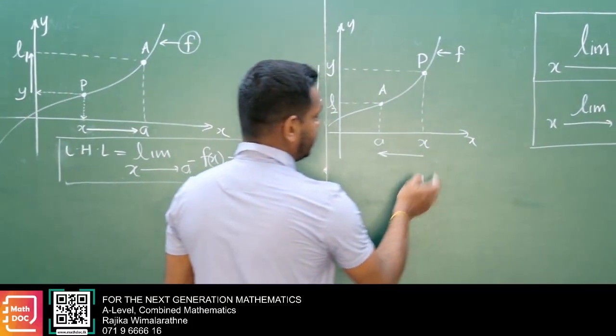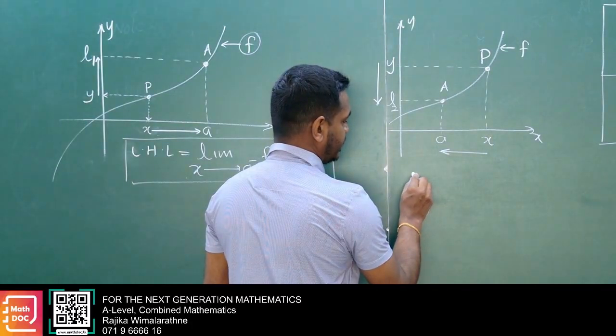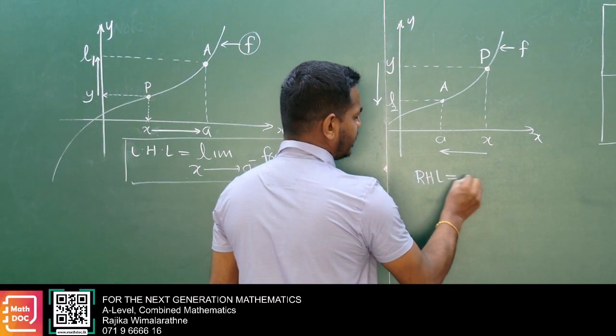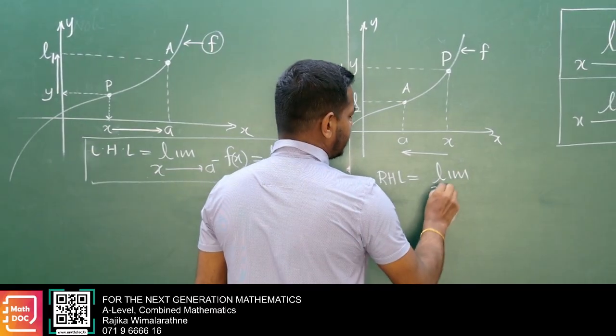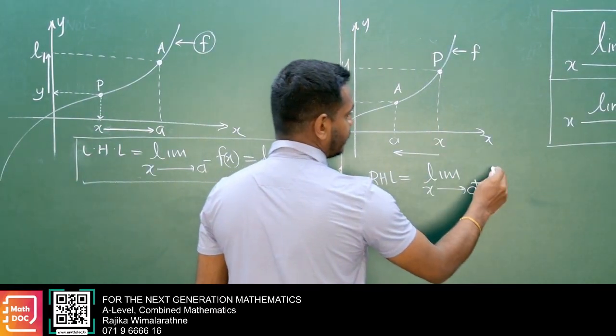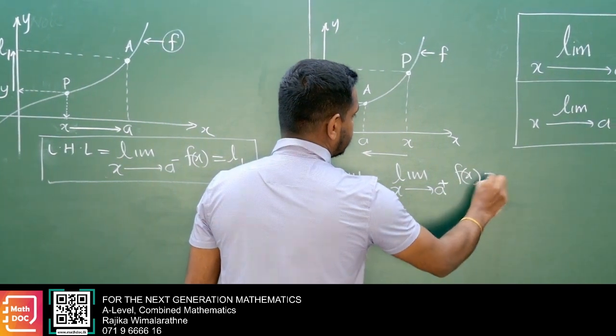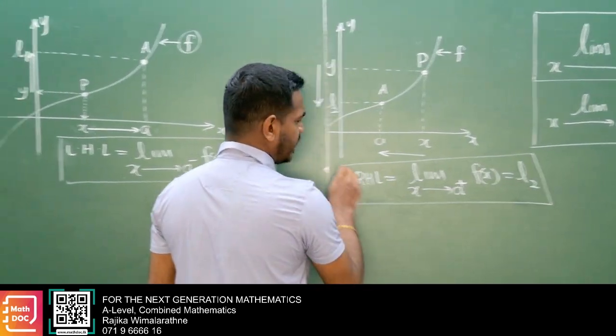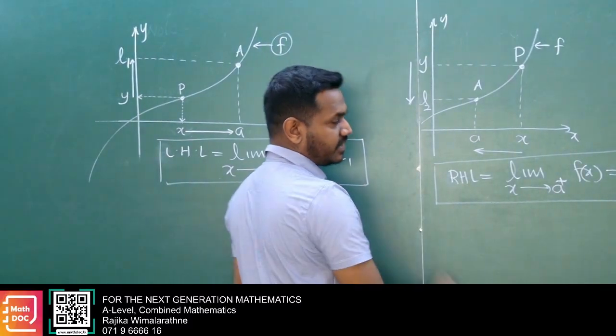Then for right hand limit, the notation is limit x arrow a plus, the plus side, then f(x), the value let's say L2. We call it right hand limit notation, and here left hand limit notation.